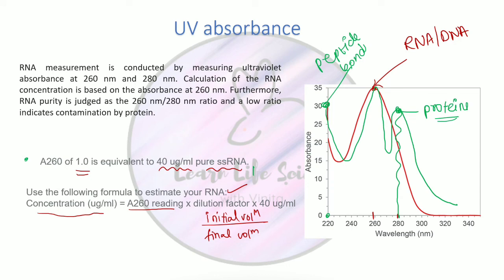Then you will have to multiply it by the standard value, which is 40 microgram per ml. The value you will get here will be the concentration of your sample. This is going to be the total concentration of the RNA which is present in the sample.